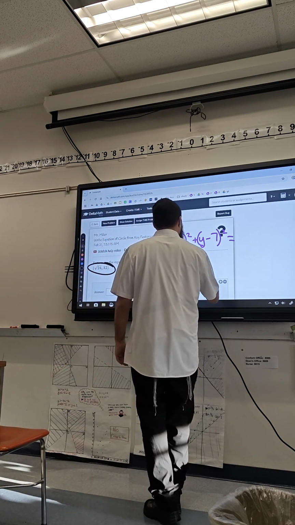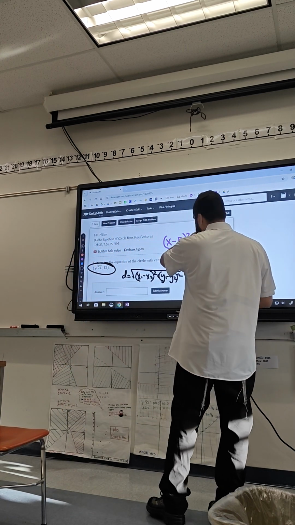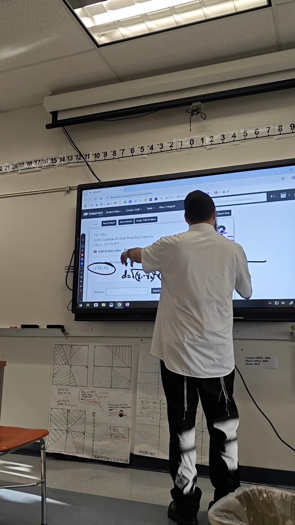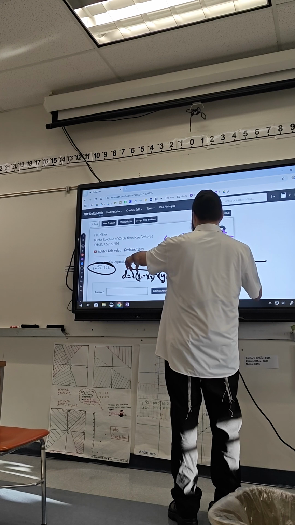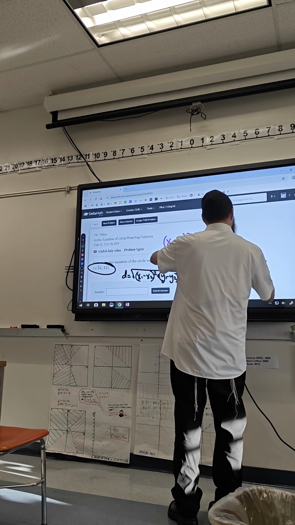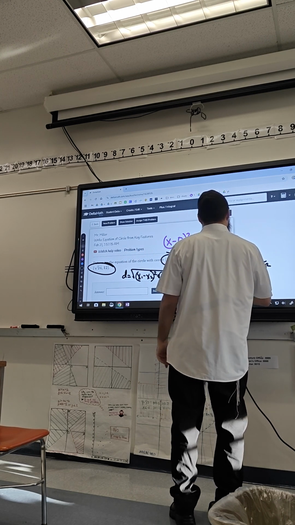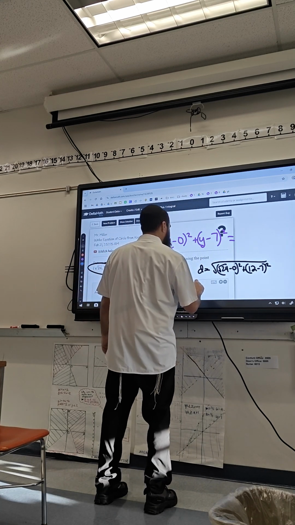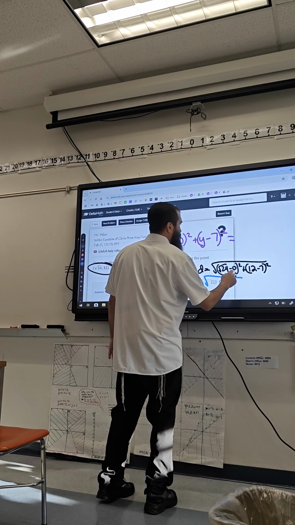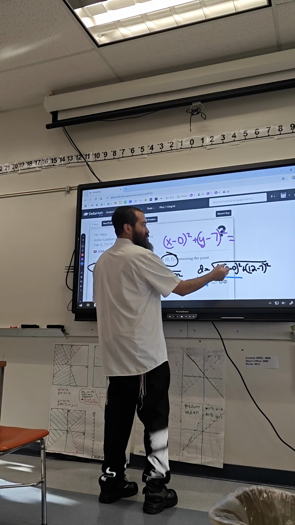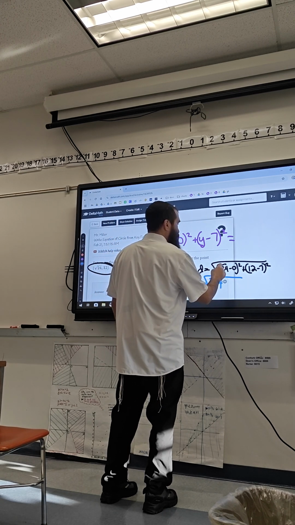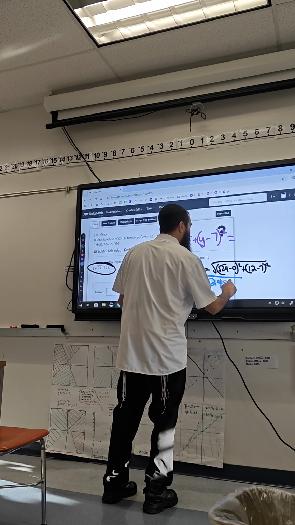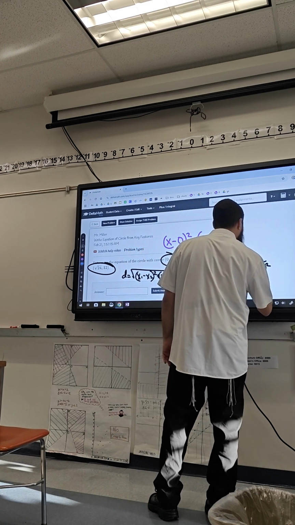So distance in this case equals the square root of, we're gonna go from that one, 24 minus 0 squared plus 12 minus 7 squared. So that's the square root of 24 squared, which is 24 squared, plus 5 squared. So the distance equals the square root of 29.